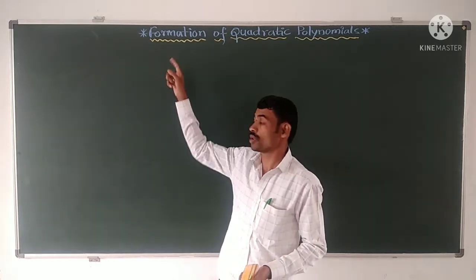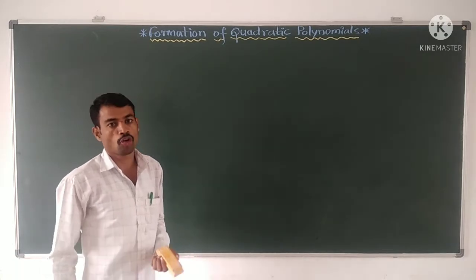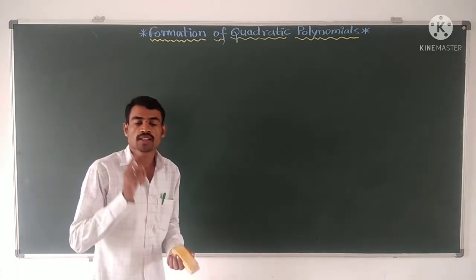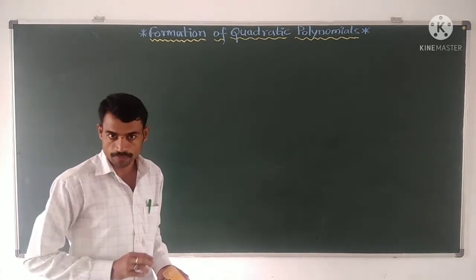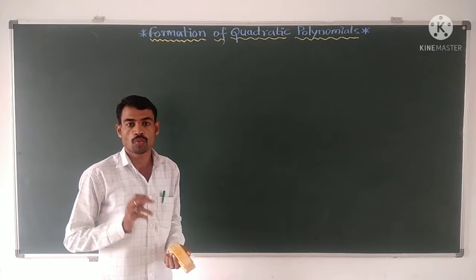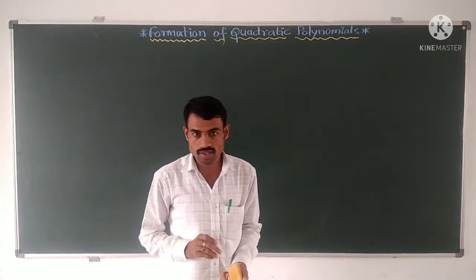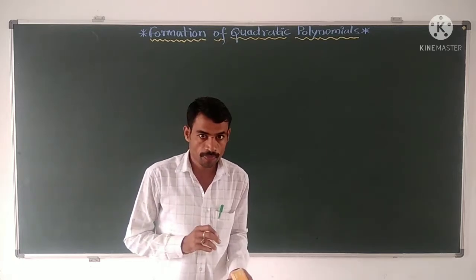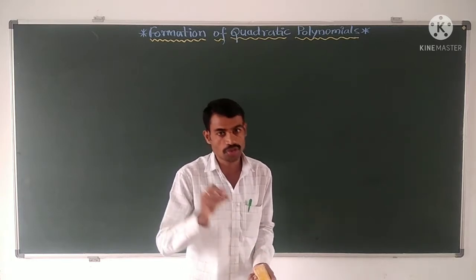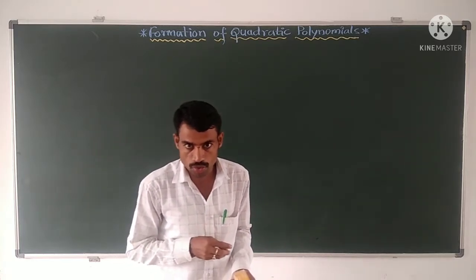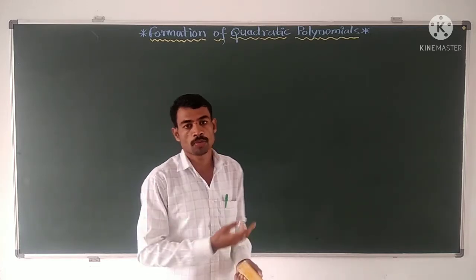Clear? That is what we have to discuss: the formation of quadratic polynomials when the sum and the product of zeros are given. Either they give the two zeros, alpha and beta, or they give the sum of zeros and product of zeros. Here, how to form the quadratic polynomial?